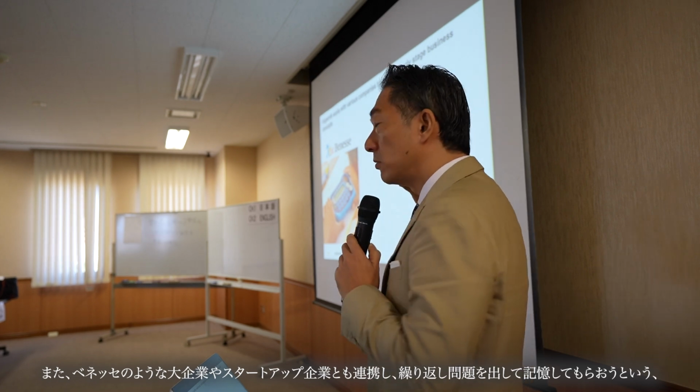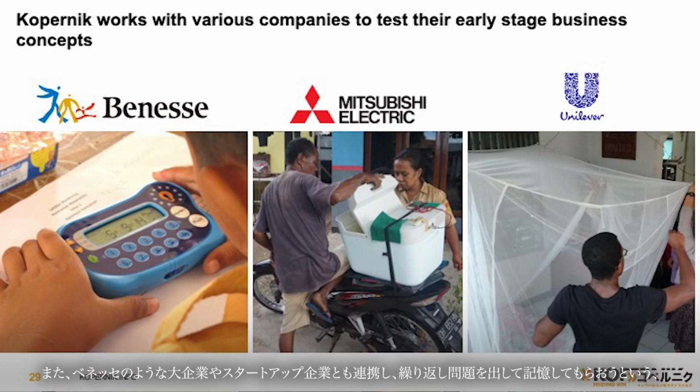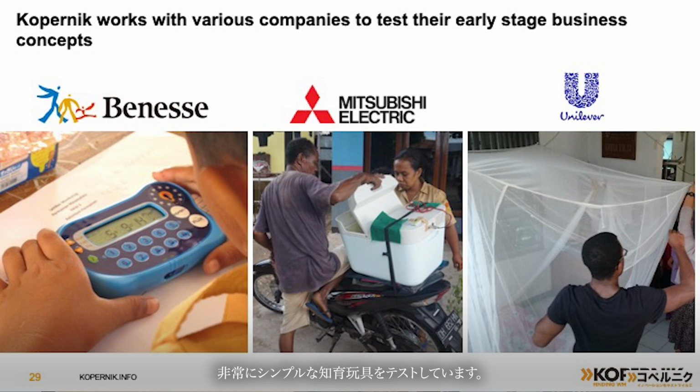So we do conduct that kind of very simple experiment, but we also work with different companies, startups, big companies, like Benesse. We were testing very simple educational toys, basically repeating the multiplication process. That's how you remember. And this is a toy with Mitsubishi Electric.